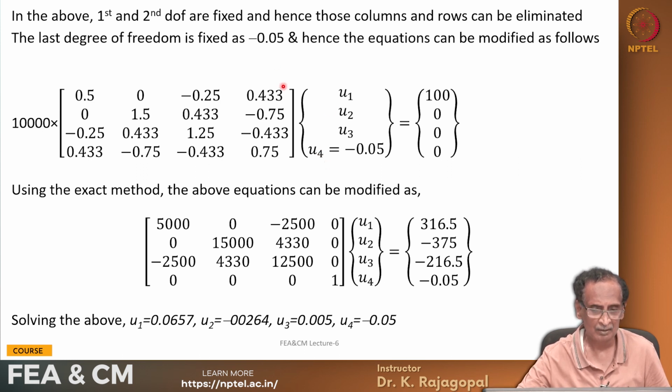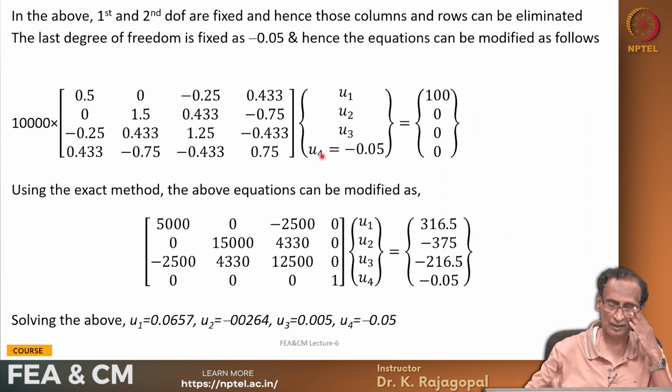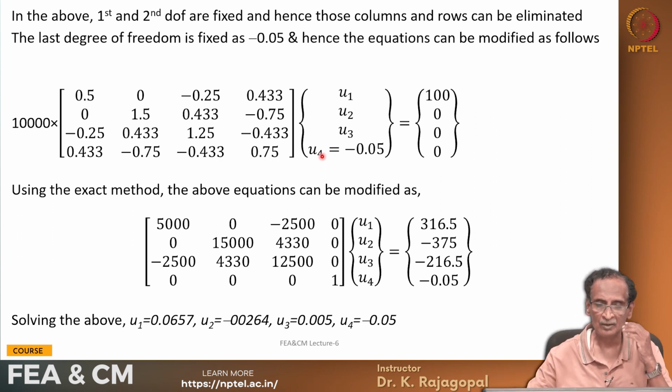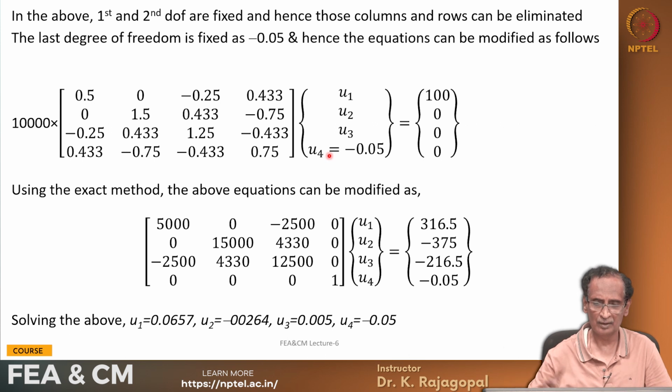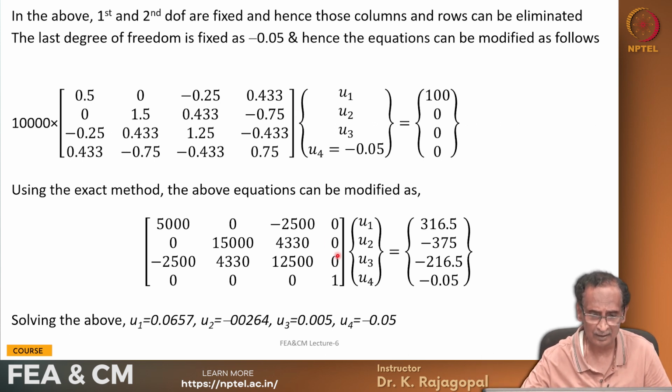So in U4, that is the y direction degree of freedom at node 3, we want to apply a displacement of minus 0.05. So here we know this stiffness coefficient, and that stiffness coefficient multiplied by this U4 is a known quantity. So we can send it to the right hand side.